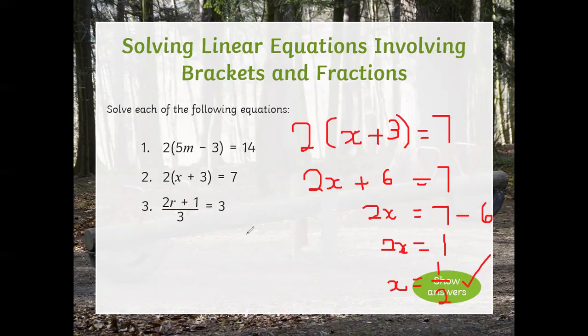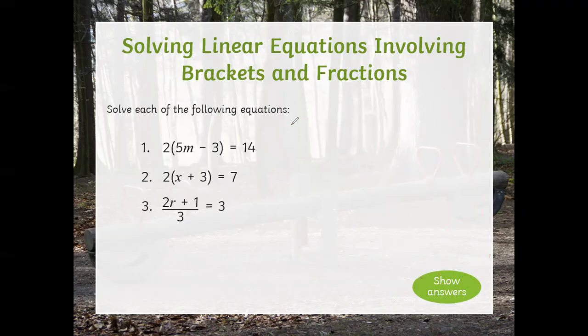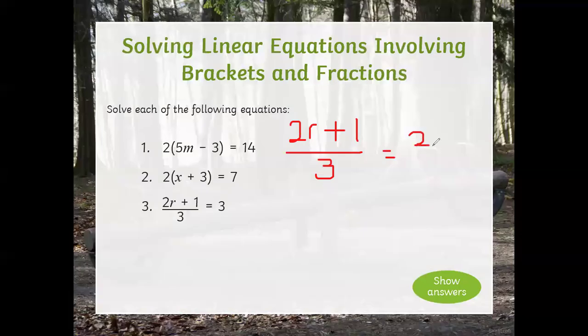All right. Now let's clear. And let's look at the last question. Okay? (2r plus 1) divide by 3 is equals to 3. Now, there are just a bit extra, okay? One more extra step here. Why? Because first, there's a 2 times r, then there's a plus 1, then it's a divide by 3.